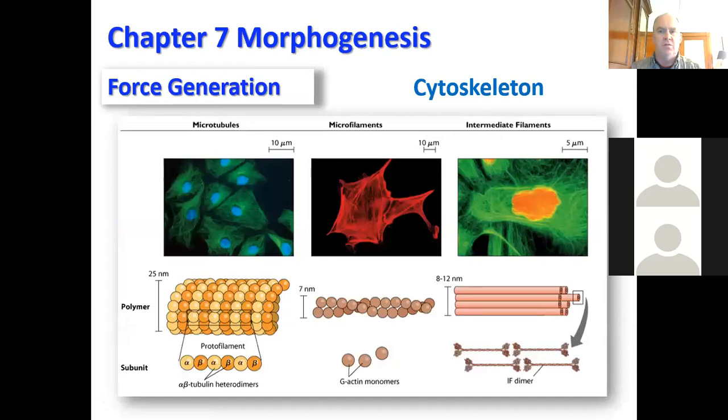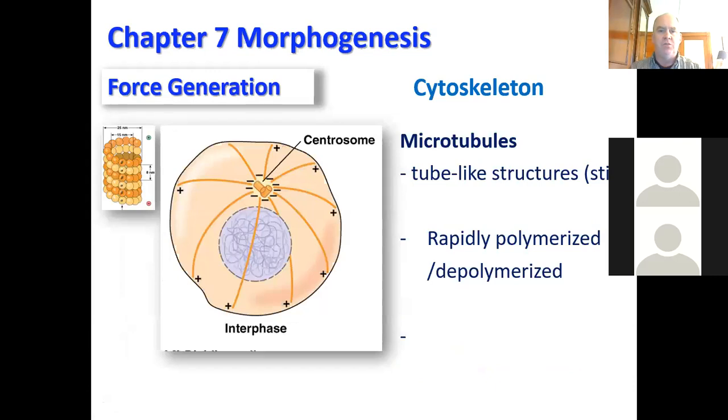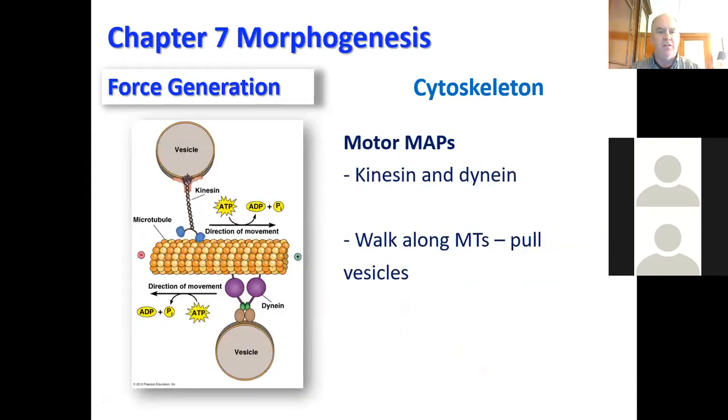And so we talked a little bit about cytoskeleton, microtubules, microfilaments, and intermediary filaments. Microtubules are important during interphase and mitosis, and you've got motor MAPs that walk along the microtubules to give you movements.